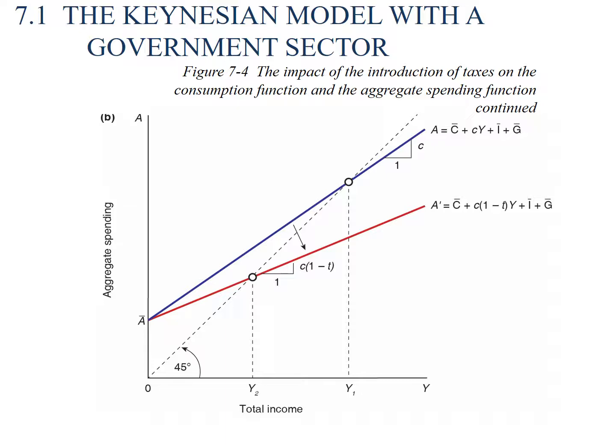The new consumption function is lower than the previous one, except at zero income where the tax is also zero.